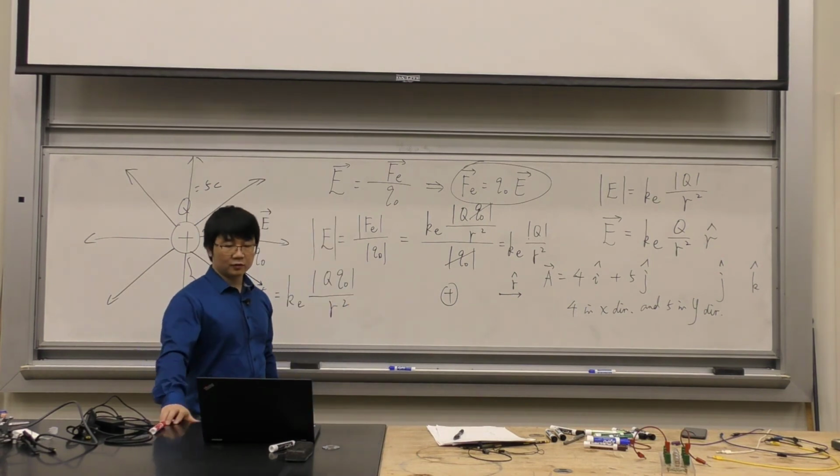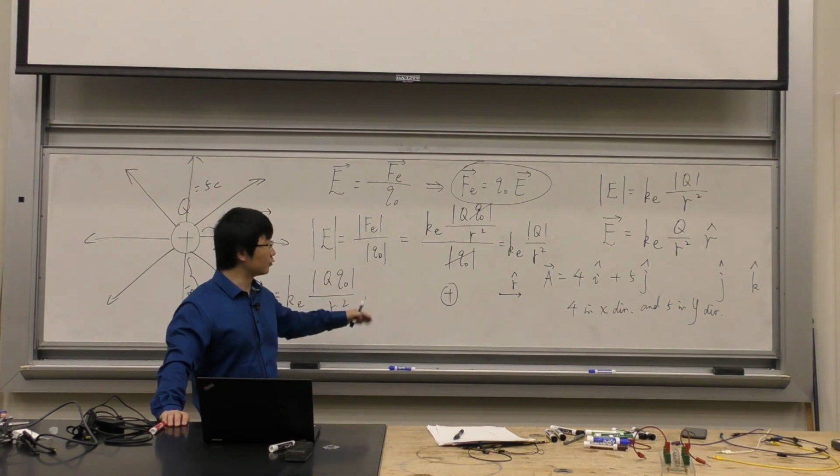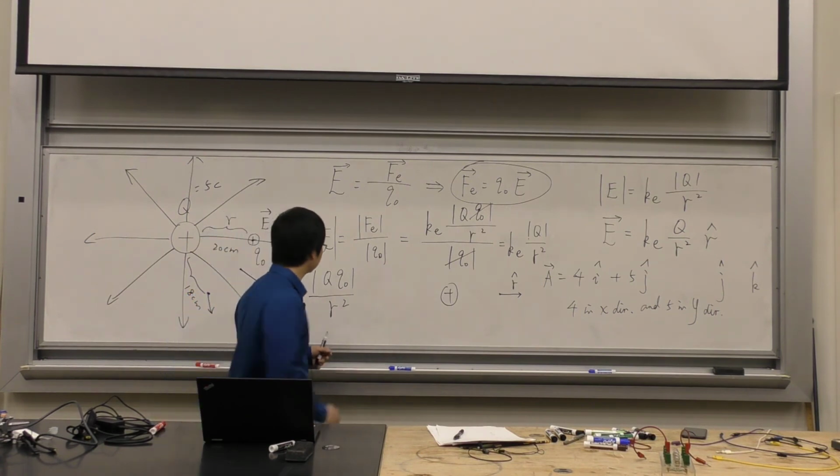Now let's take a look at the question on slide 9. So now we're going to use these two theories to find the force from two charges on one charge. So let's do that.